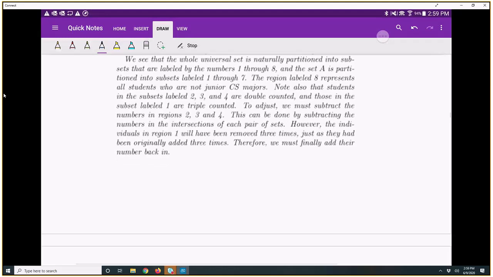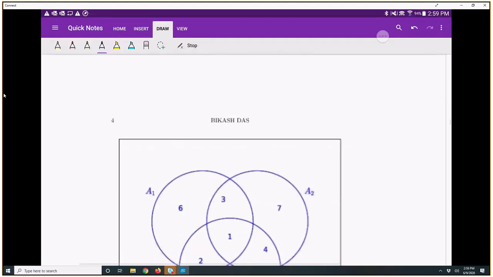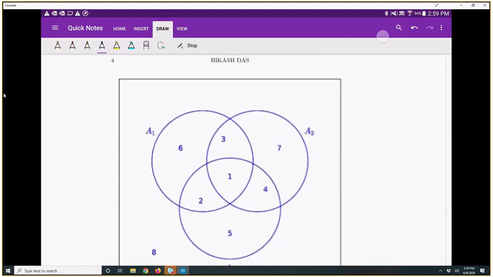Note that students in the subsets labeled 2, 3, and 4 are double counted, and those in the subset labeled 1 are triple counted. So let's take a look here. Students in the subsets 2, 3, and 4 are double counted because they get counted as students taking algorithms, and then they get counted as students taking compiler construction or logic design.